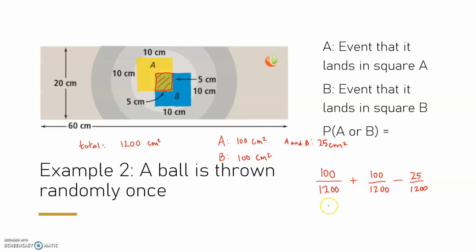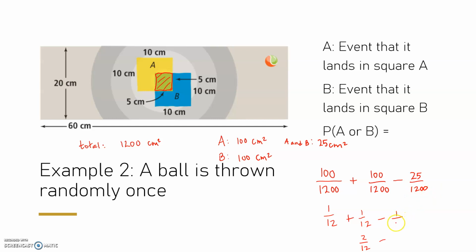If I reduce these fractions, I would have 1/12 plus 1/12 minus, if I reduce this one, 25 over 1,200. A nice way of reducing that would be to divide by 25, so that'd be 1 over 48. So I'd have 2/12 minus 1/48.